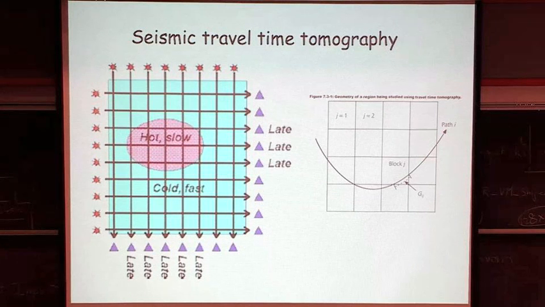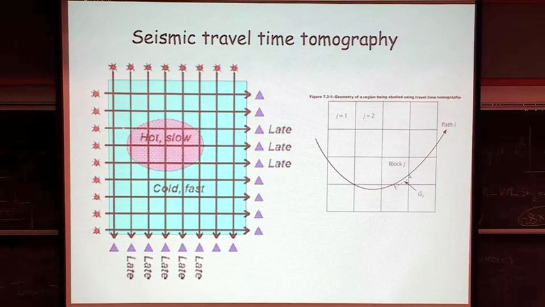So then it's a matter of how you parameterize your model, whether you're going to be able to resolve its geometry in great detail or not, and also how many of these paths you actually have. And you can see, however, that if you have a very good geometry, you can determine the geometry of the anomaly and also its strength, because once you have your geometry and say some assumptions on the fact that it's uniform, you can get the strength of this anomaly.